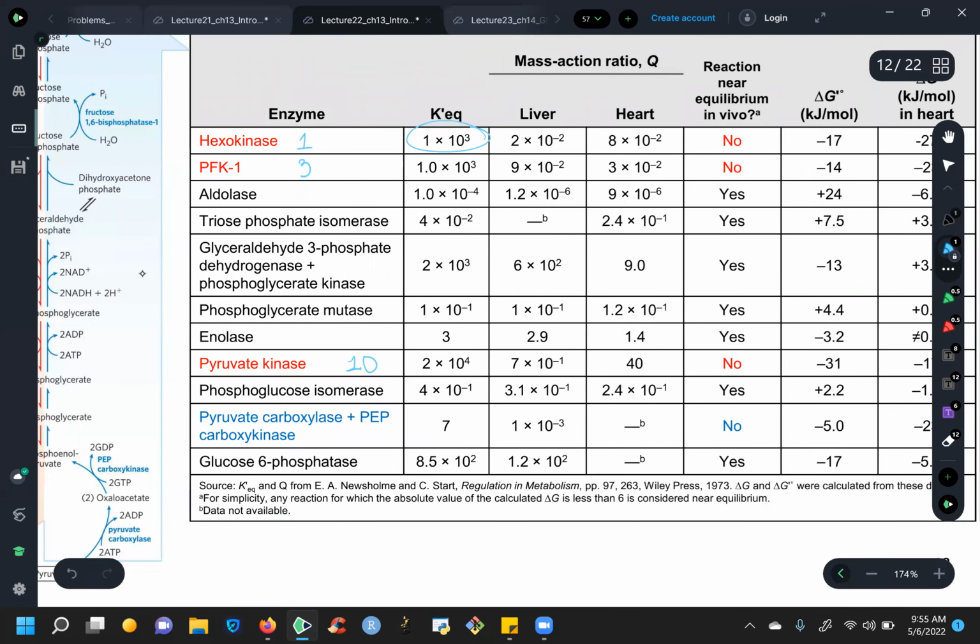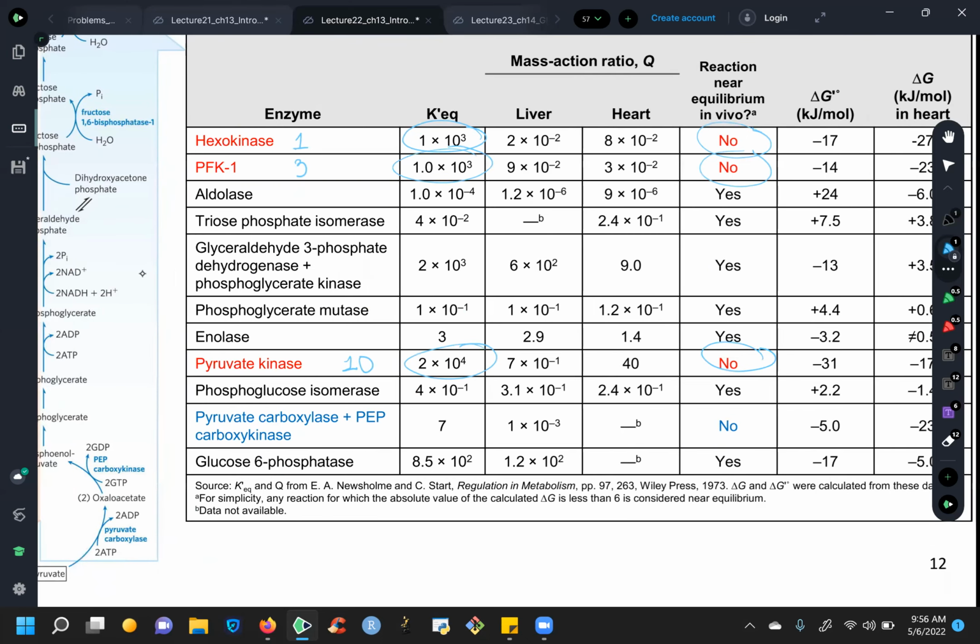So this is cool. Hexokinase, it kind of tells you, reaction near equilibrium. So not near equilibrium, not near equilibrium, not near equilibrium.